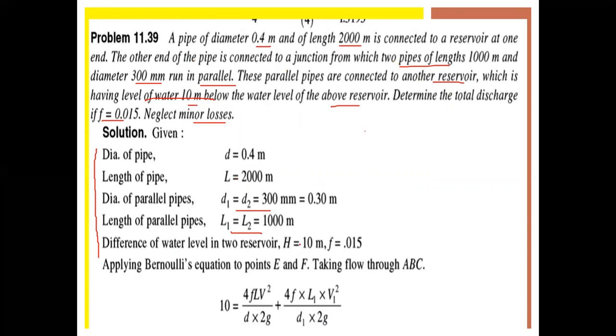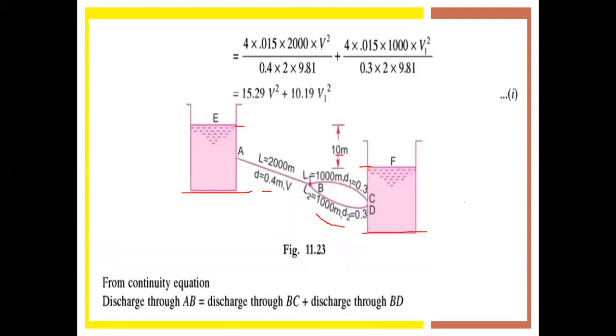Now applying Bernoulli's equation, hf is equal to 4 f L V square by D into 2g plus 4 f L1 V1 square by D1 into 2g. This is for L and L1. Now substituting those values here, we get the equation like this.